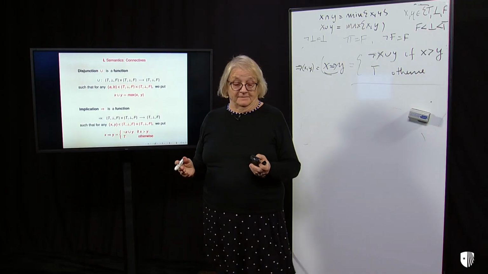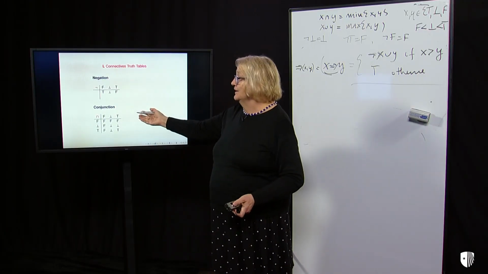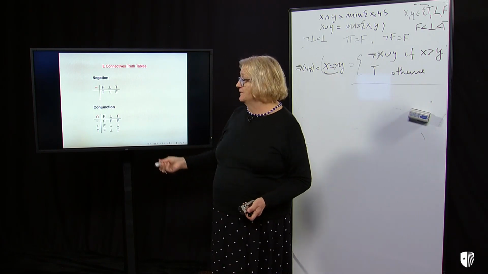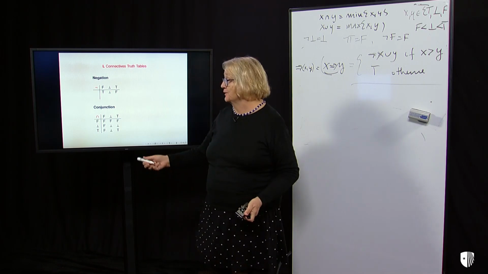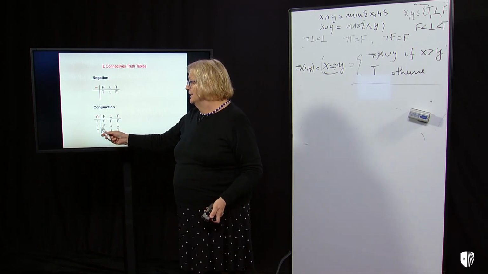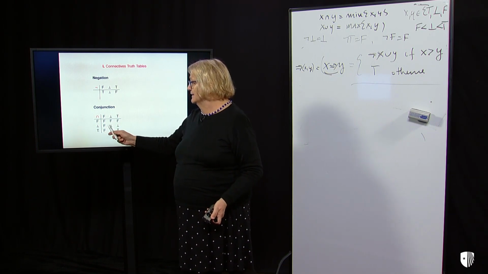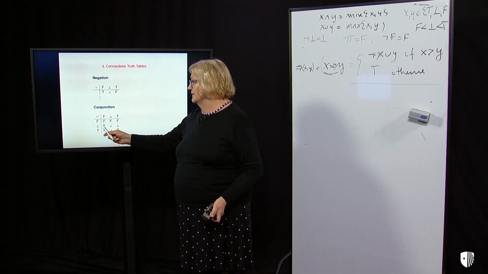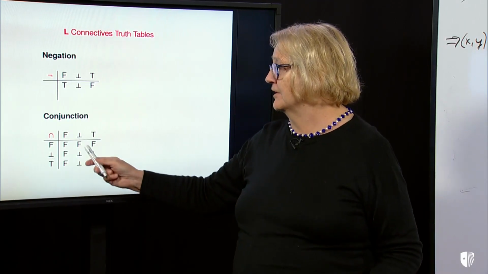Of course, what you do is write it in tables using those formulas, right? So you have F and F, the minimum, like this, and T and T, and so on.